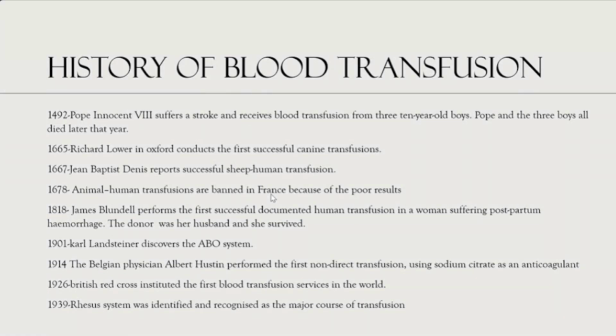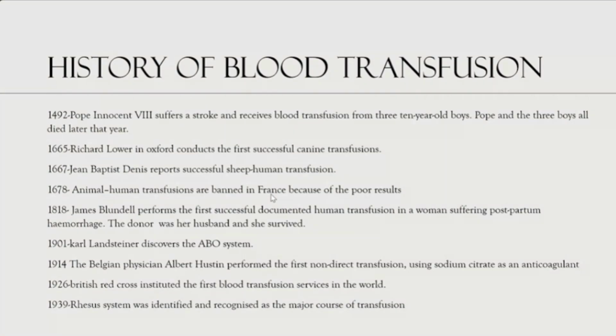Let's look at the history of blood transfusion. Back in 1492, Pope Innocent VIII suffered a stroke and received blood transfusion from three 10-year-old boys. Unfortunately, the Pope and the three boys all died later that year.